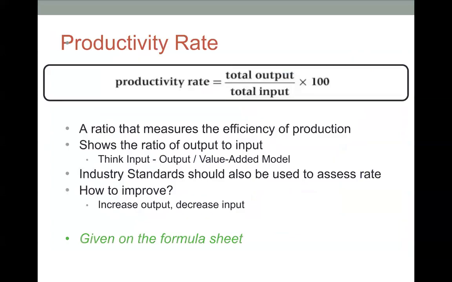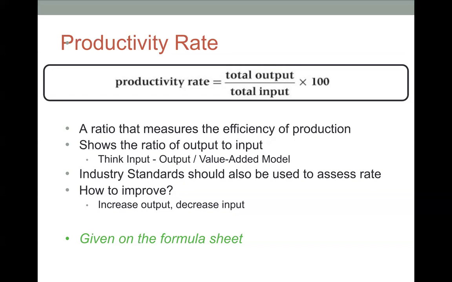Okay, so where the productivity rate is different, this looks at the efficiency of production. It's not looking at the hours worked, as opposed to looking at total output divided by total input times 100. So this really measures the efficiency of production. So you think of input, output, like the value added model.